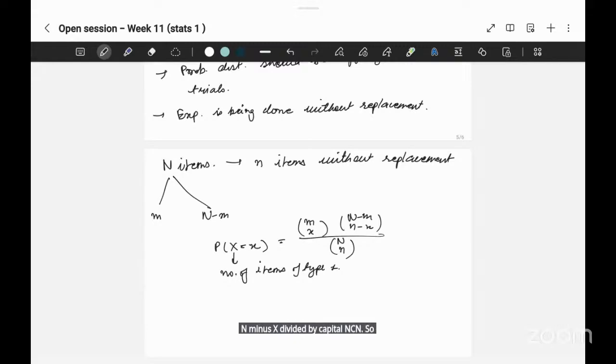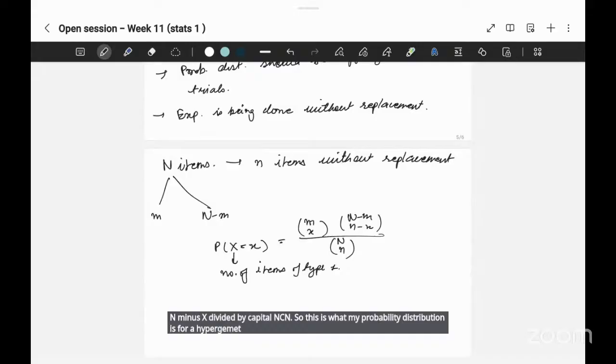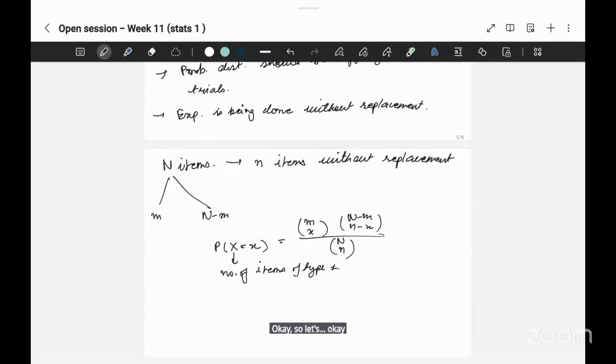So this is my probability distribution for a hypergeometric case. Okay, so this is my hypergeometric.